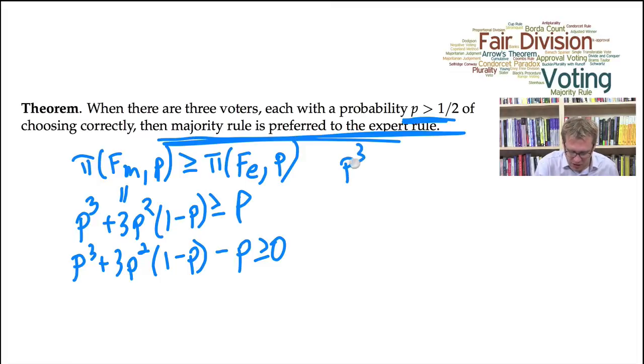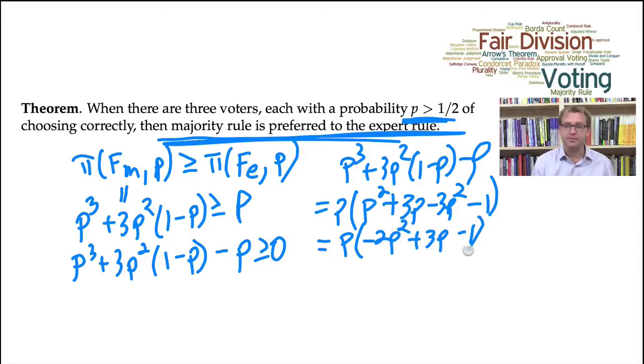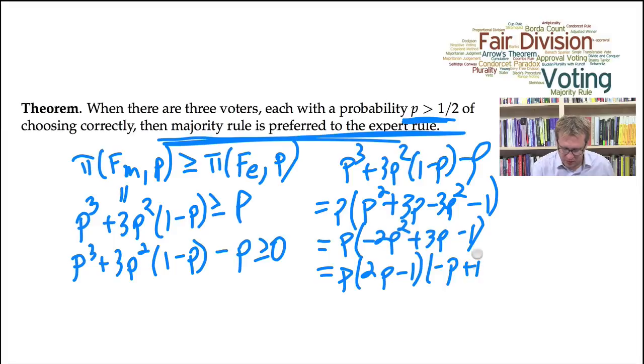Note that p cubed plus 3p squared times 1 minus p minus p is equal to p times p squared plus 3p minus 3p squared minus 1, which is equal to p times minus 2p squared plus 3p minus 1, which, just factoring, is going to be p times 2p minus 1 times minus p plus 1.